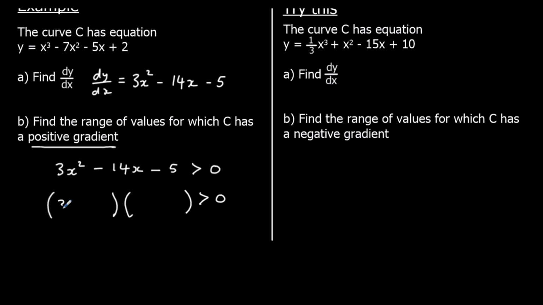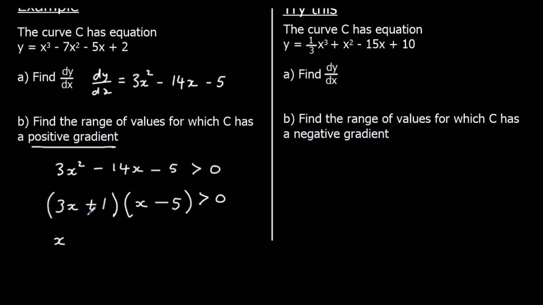I'm going to go straight to the factorized version. So it's going to be 3x and x. That's the only way I can get 3x squared. And it's going to be 5 and 1. That's the only way I can get the 5. And I want a negative 15 plus a 1. So I have my x values.